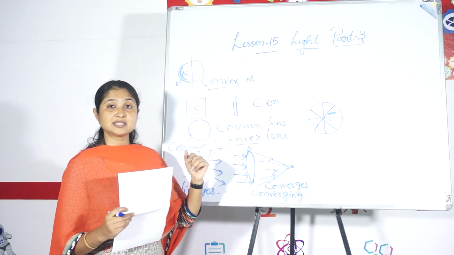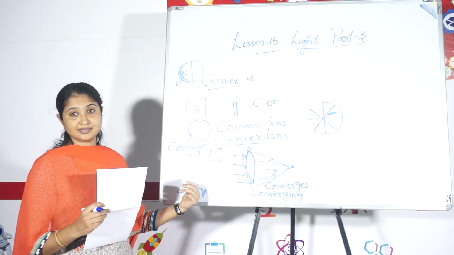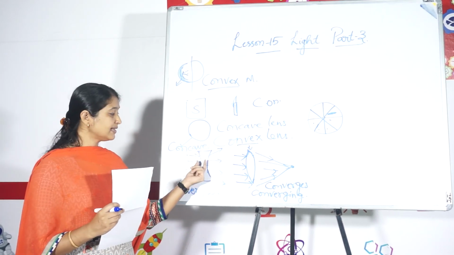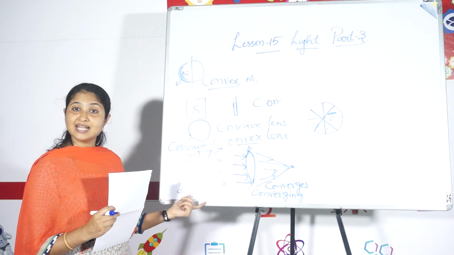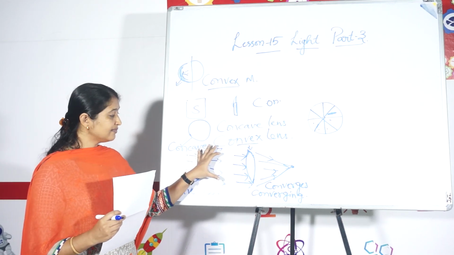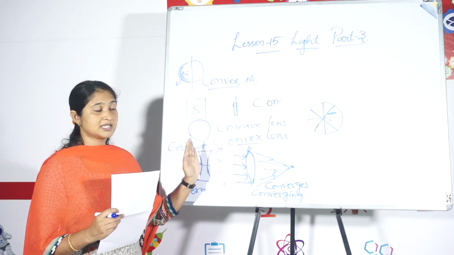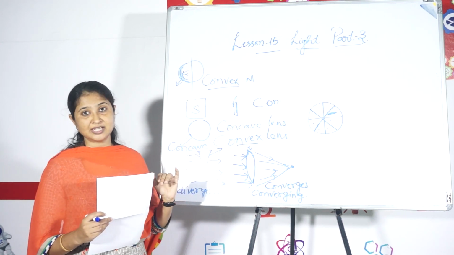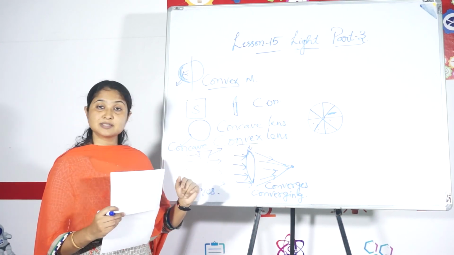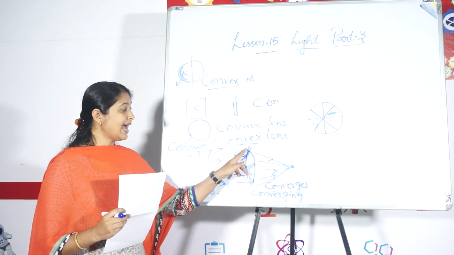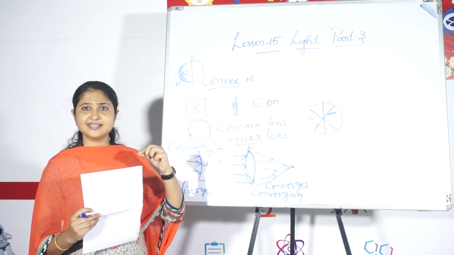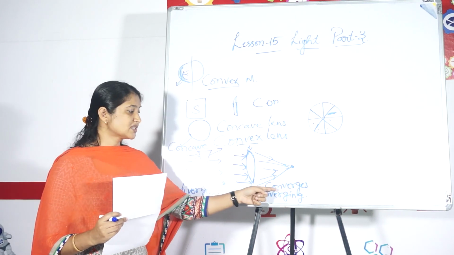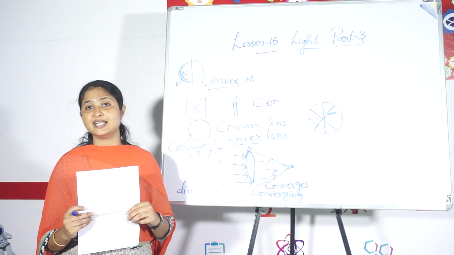The concave lens is always thick at the sides and thin in the middle, and it is called a diverging lens because it will diverge all the light falling on it, so that you will not get a clear image. Then the convex lens is thick in the middle and thin at the edges, so it is always called the converging lens.